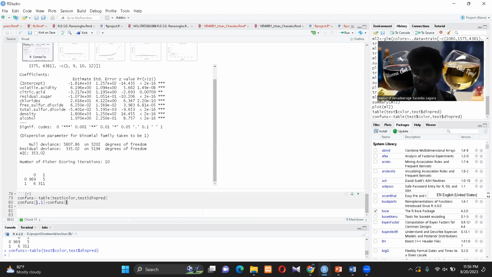It's not confounds, it should be confusion, right? It must be divided by the summation of the entire values, right?